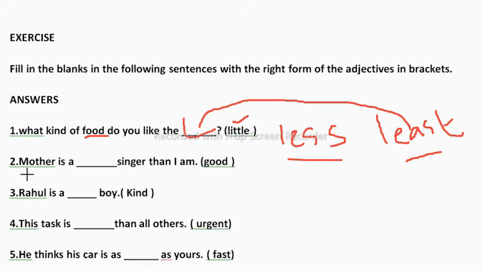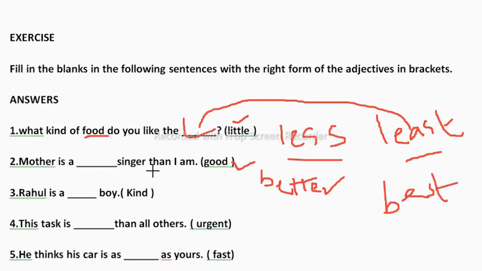Next one, mother is a dash singer than I am. So here they have given you good, which is a positive degree, and the comparative degree of good is better, and the superlative degree of this good is best. Good, better, and best. So here mother is a dash singer than I am.